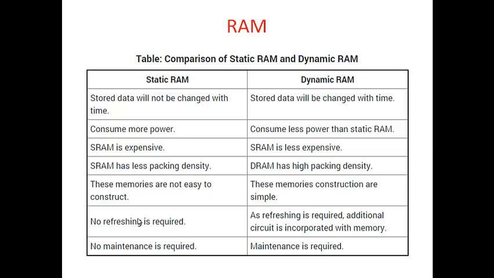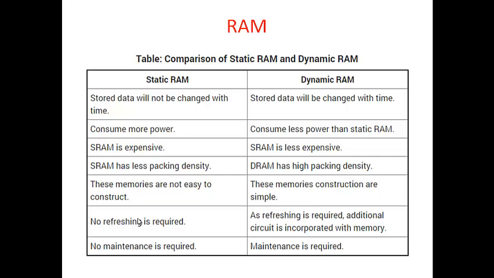Since static RAM does not change, constantly power is being used, so it consumes more power. Power consumption is less in the case of dynamic. Then, when you want to store it continuously, it is expensive, whereas dynamic is less expensive. Dynamic RAM has high packing density, which means more content can be stored in less space.